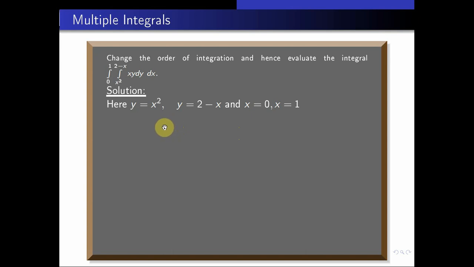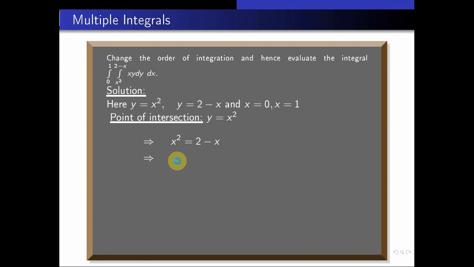For that, what I am going to do is find the point of intersection. So this is the curve, y is equal to x square, and y is equal to 2 minus x. If I substitute y is equal to x square in this line equation, x square is equal to 2 minus x.